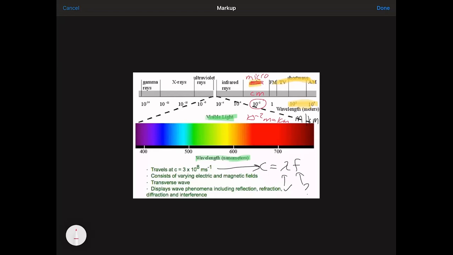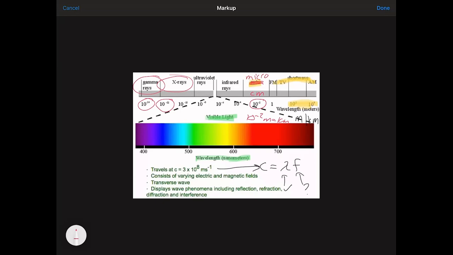And then on the left-hand side where you have the X-rays and gamma rays, they're tiny, tiny wavelengths. Now you're talking pico. You can remember 10 to the negative 12, and you can remember 10 to the negative 14. Also very, very tiny waves.